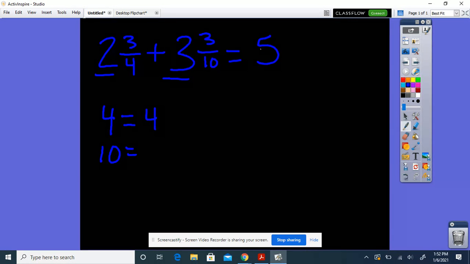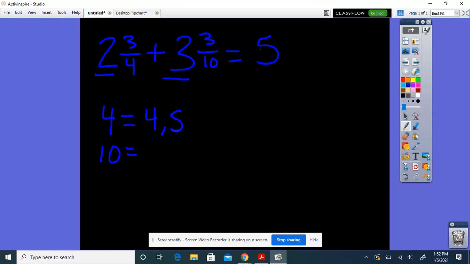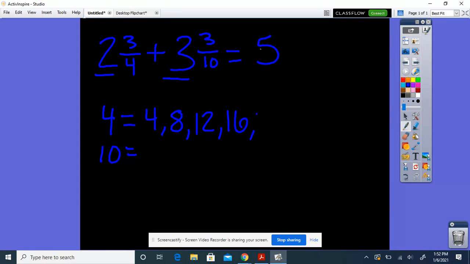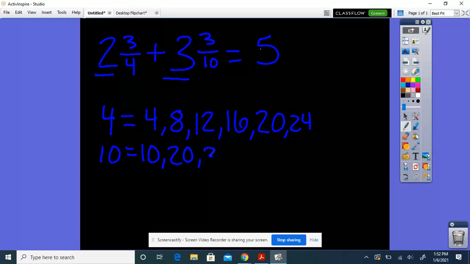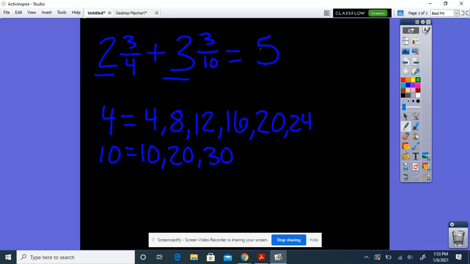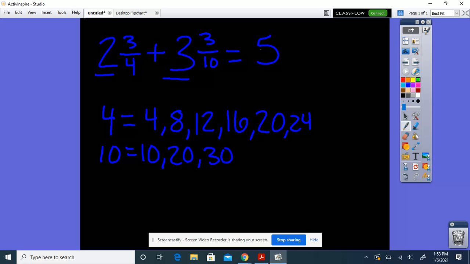I'm going to list a few multiples for 4: 4, 8, 12, 16, 20, 24. I'm going to list the multiples for 10: 10, 20, 30. By looking at this, what is the lowest number that both 4 and 10 have in common?